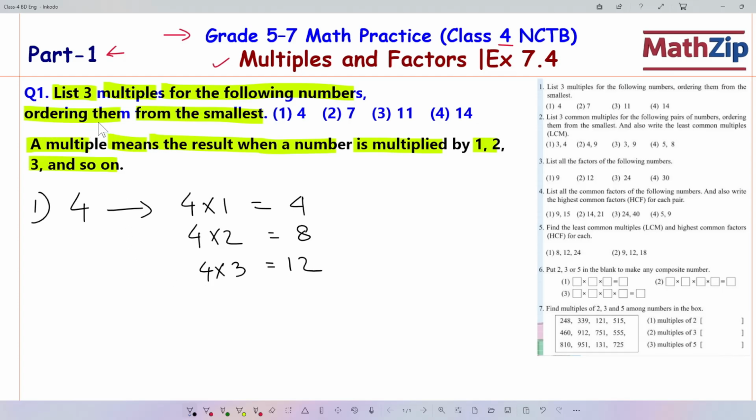So, ordering them, we can say three multiples of the number 4 are 4, 8, 12. Or we can say 4, 8, 12 is the three multiples of 4.